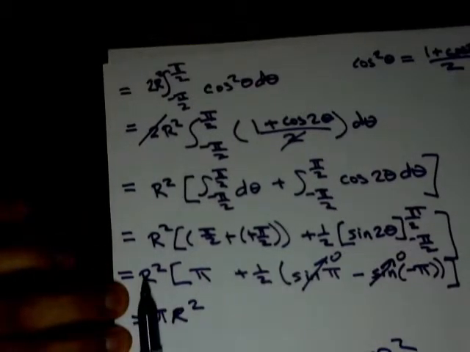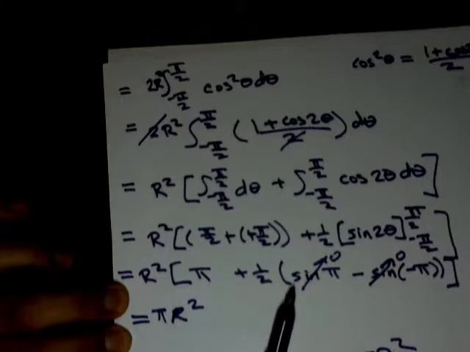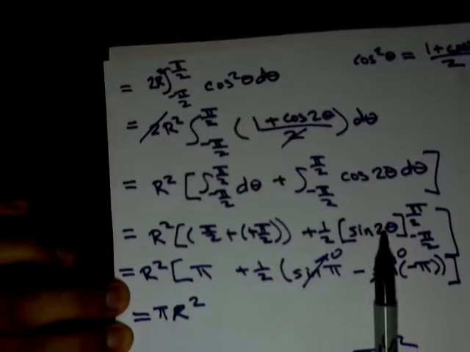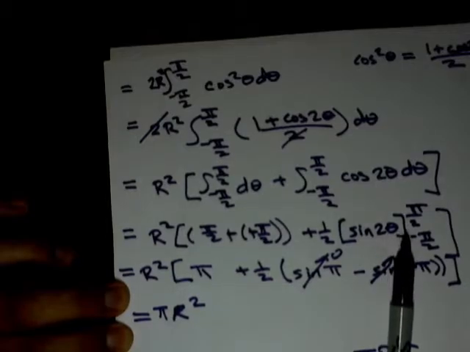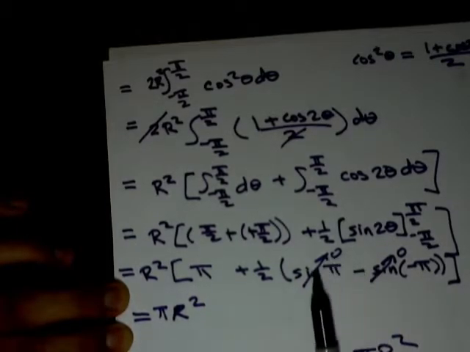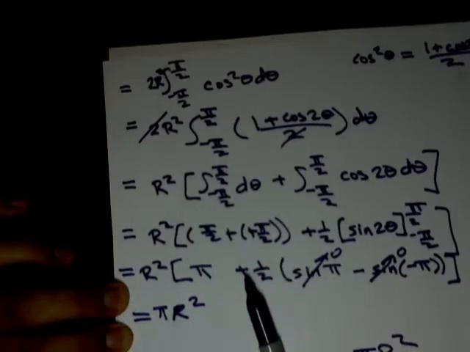So we get here r squared times pi over 2 plus pi over 2 is plus pi, plus 1/2 times our integral evaluated at the upper and lower limits. This pi over 2 in this argument cancels this 2 and this 2, so that becomes pi, and the lower limit becomes minus pi. We know that the sine of pi is 0 and the sine of minus pi is 0, so this doesn't contribute to our integral.